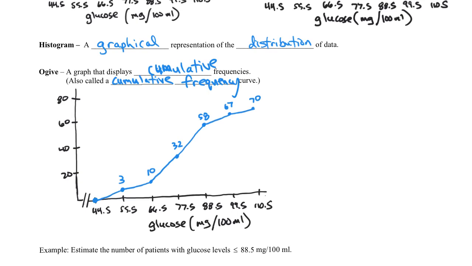So we would need a title again. I also need to put cumulative frequency along the vertical axis. Cumulative frequency, and we need a title. I'm running out of room here, but I'm going to try to squeeze in ogive for glucose blood levels.